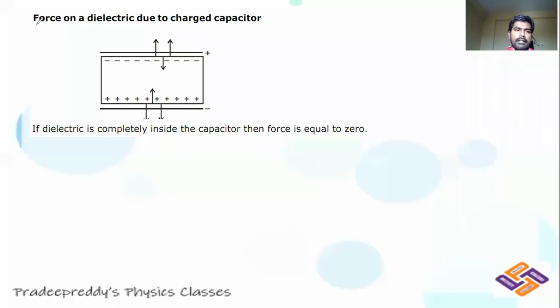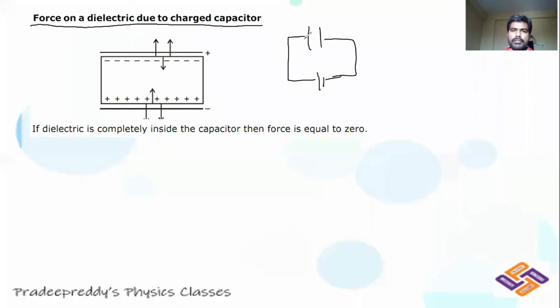Let us calculate the force on a dielectric slab due to a charged capacitor. You have a charged capacitor, that means you take a capacitor and connect it to the battery. As a result, this plate is positive, and positive charge is accommodated upon it, and here negative charge is accommodated. And then you disconnect this charged parallel plate capacitor.